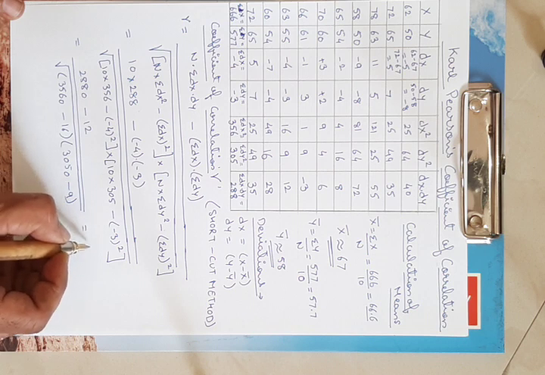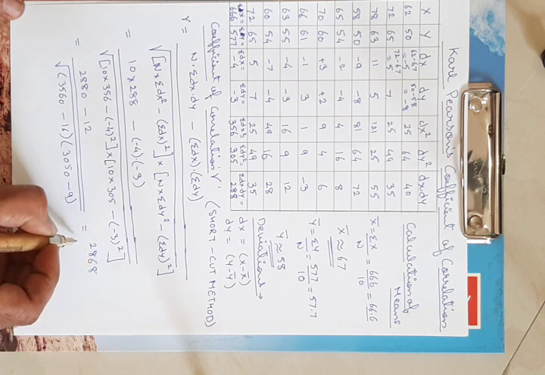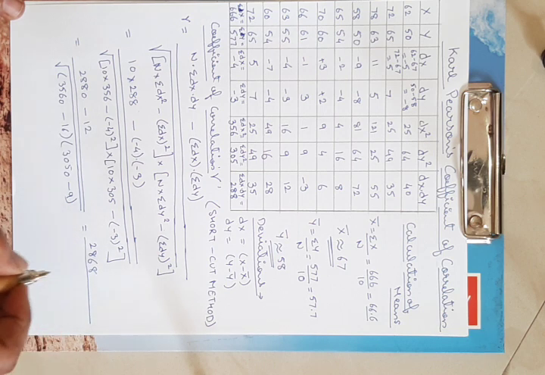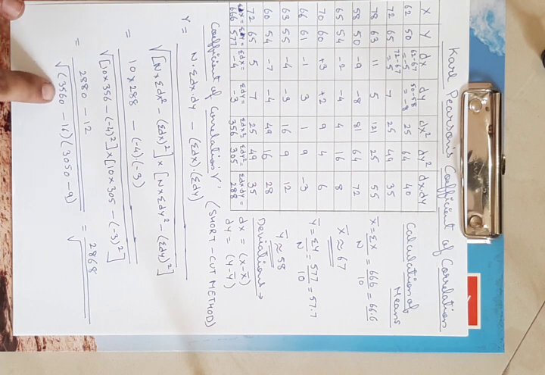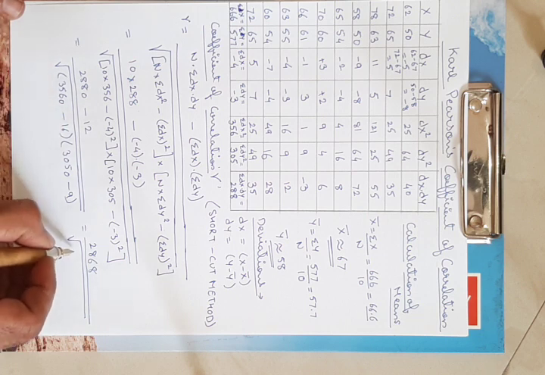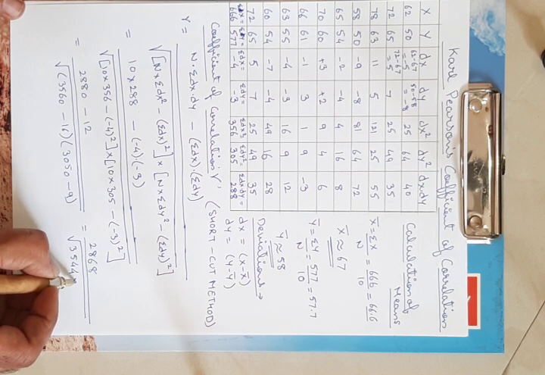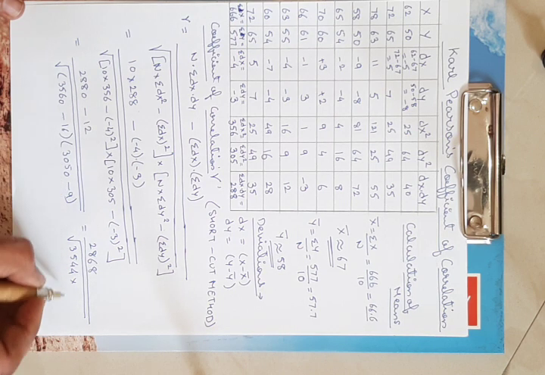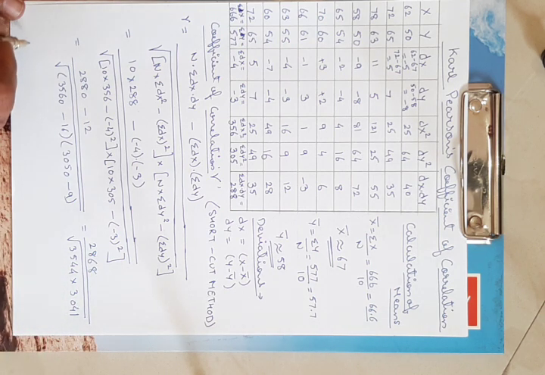So this I am going to solve: the numerator is 2868, divided by square root of 3560 minus 16, this comes out to be 3544, multiplied by 3050 minus 9, that is 3041.